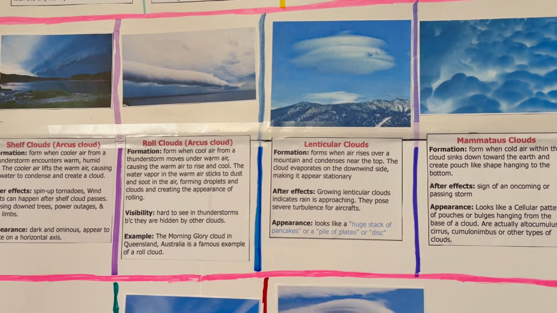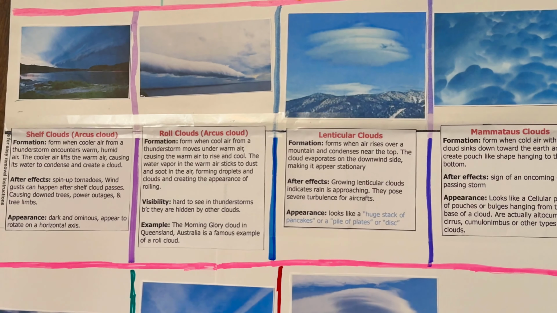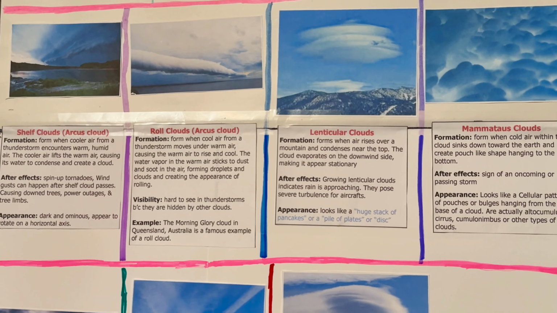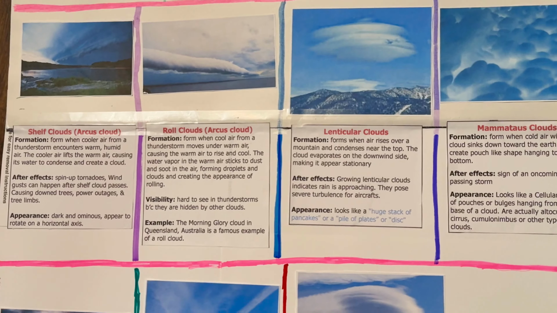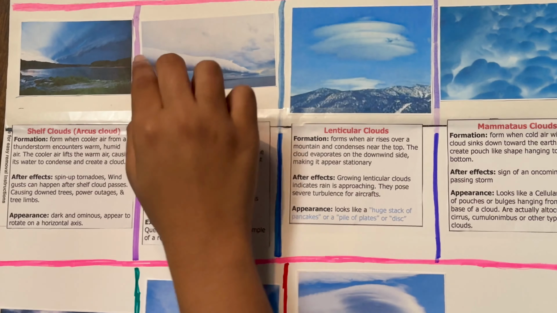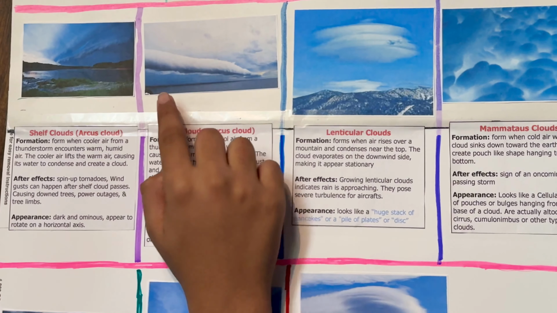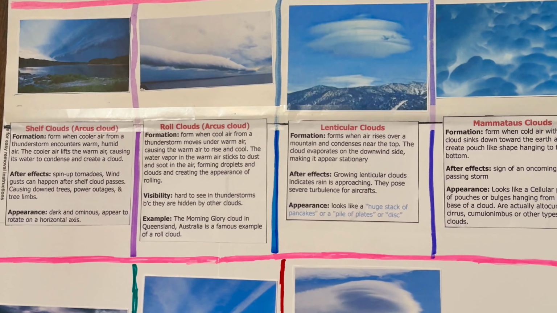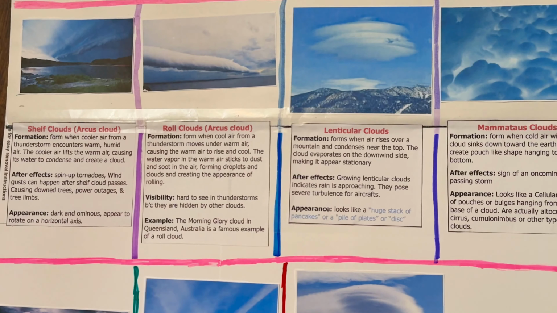These droplets, when they stick around the dust, start to create clouds, and because they're not moving all together, they create this humongous bunch. This bunch makes it look as if it's rolling and rolling and rolling, hence the name roll cloud.